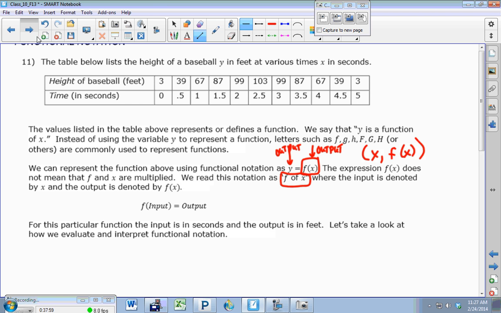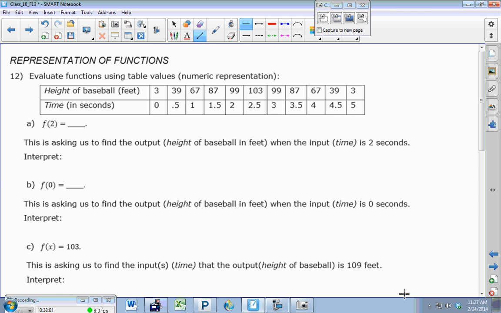Okay, so let's take a look at this table again, and you tell me what is the output value when I put 2 into this function. Well, I don't have an equation, so I have to look at my table. 2 is the input. That's like the first component in my ordered pair.